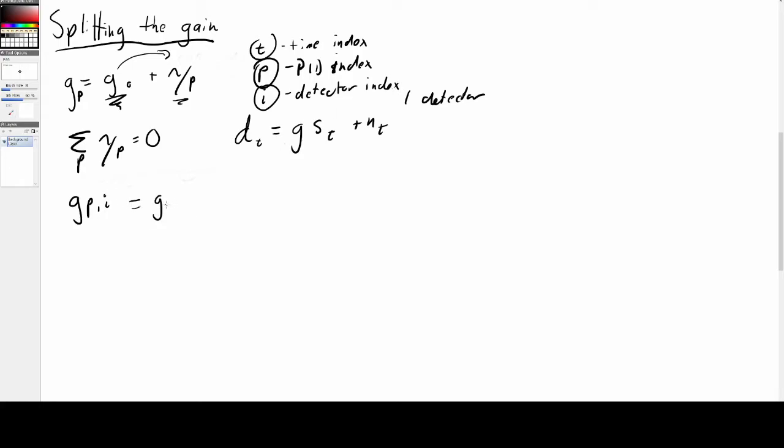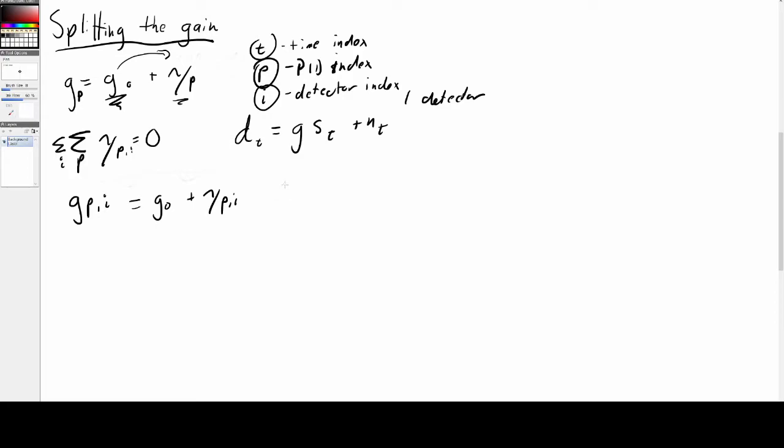Still, we are going to assume that all detectors have the same absolute calibration, G0. But now we have to make this gamma also include an I term. And that means we also have to ensure that this sum includes the detector index as well.